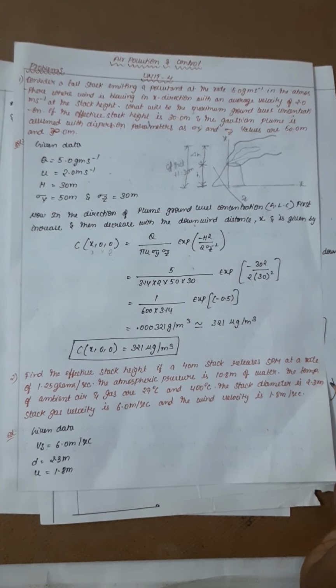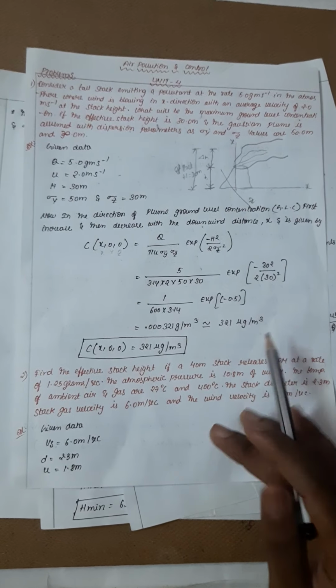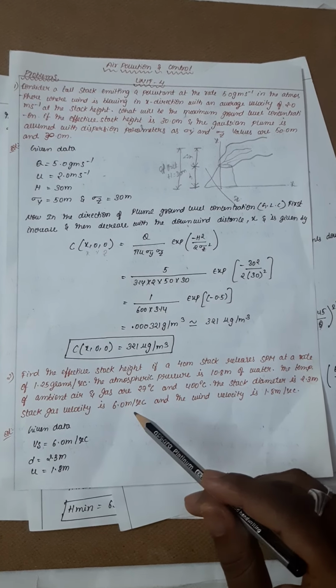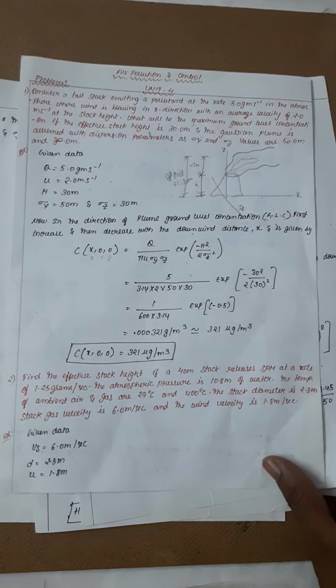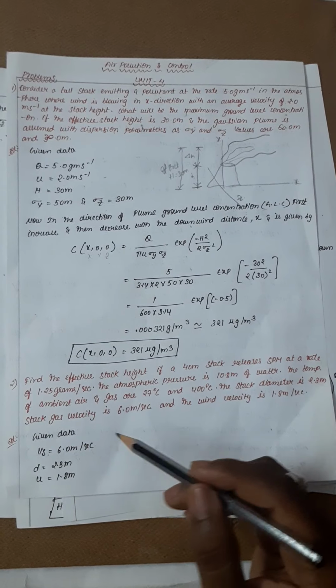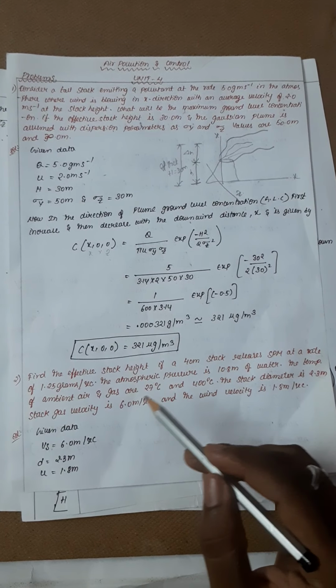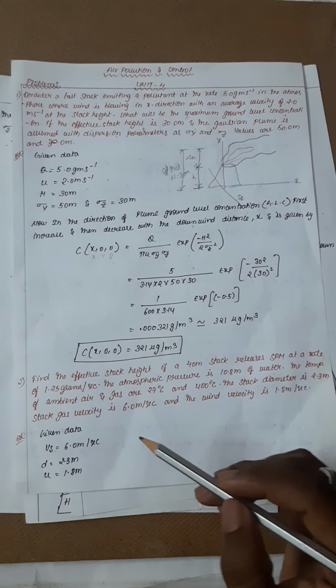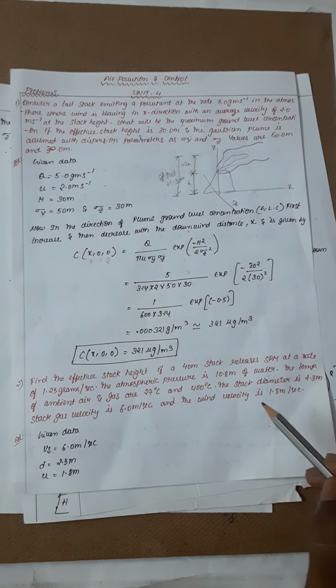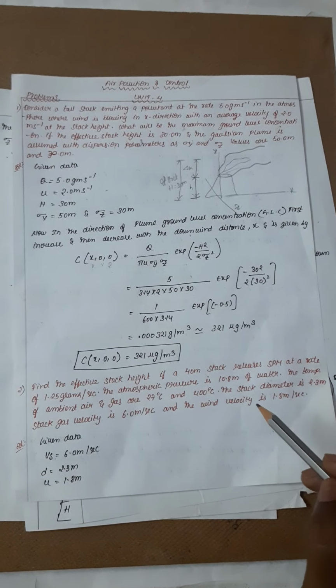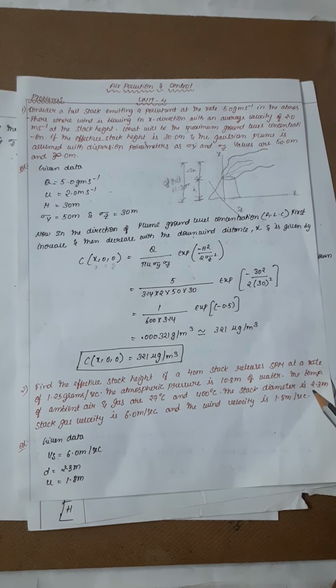The stack diameter is 2.3 and the stack gas velocity is 6 meter per second and the wind velocity is 1.8 meter per second. Given data: velocity v is the stack velocity 6, wind velocity u is 1.8, and diameter d is 2.3.